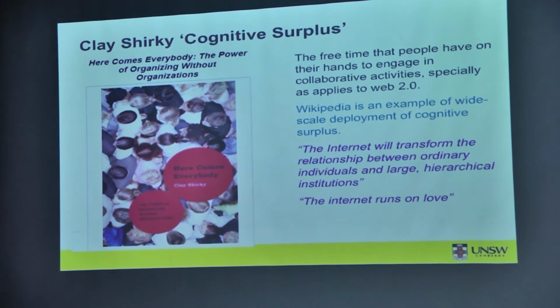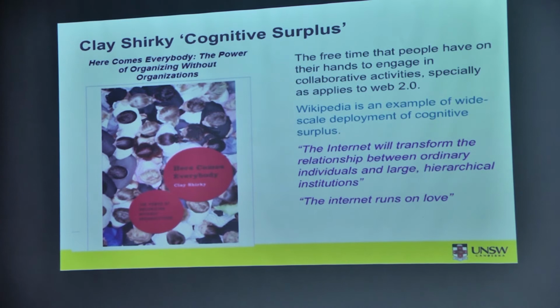The internet is the enabler for this activity, allowing anyone to build online communities that can come together to achieve amazing things. He says, as the internet radically reduces the costs of collective action for everyone, it will transform the relationship between ordinary individuals and the large hierarchical institutions.